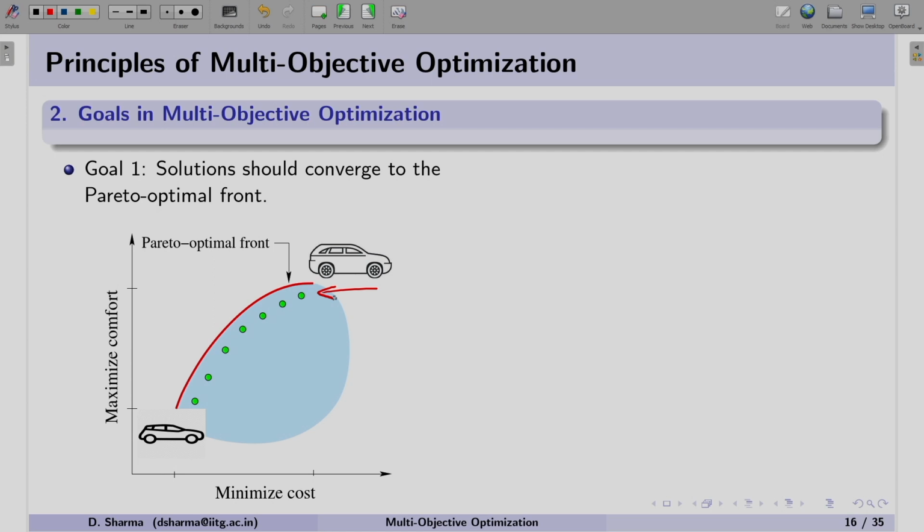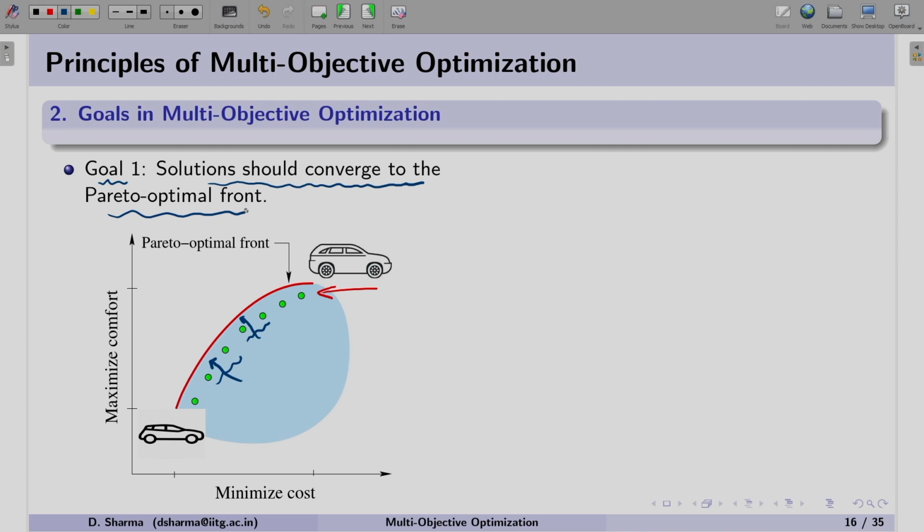What we can observe from this figure is that these solutions have not converged to the Pareto optimal front. So, the first goal is that the solutions should converge to the Pareto optimal front.